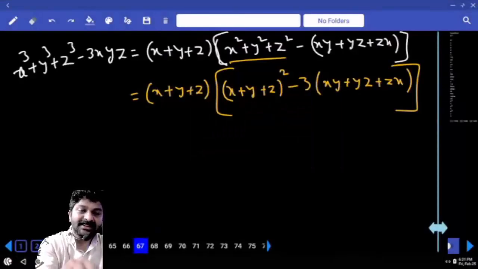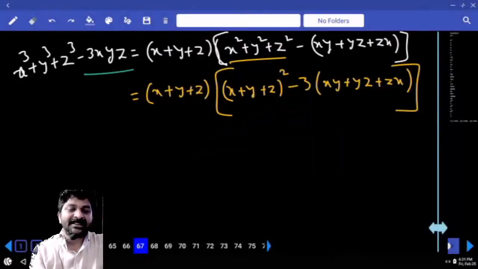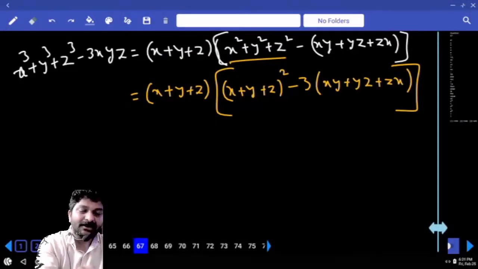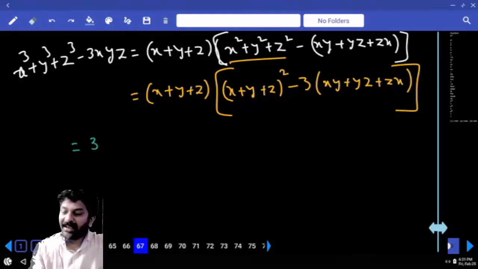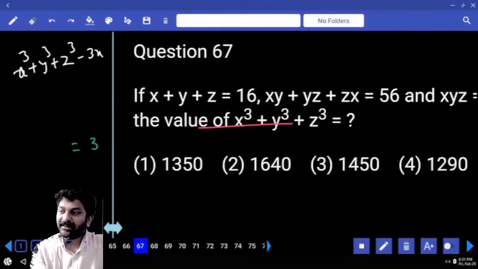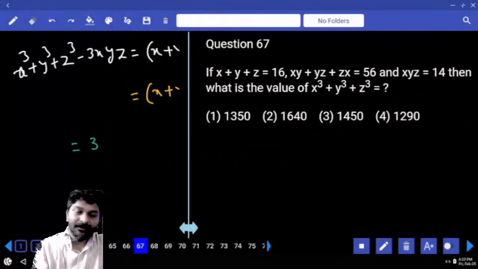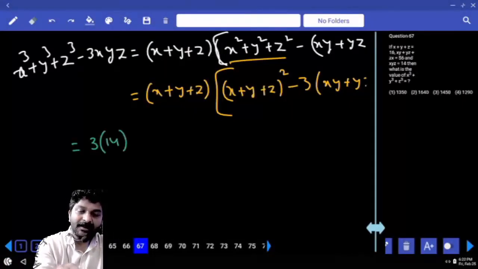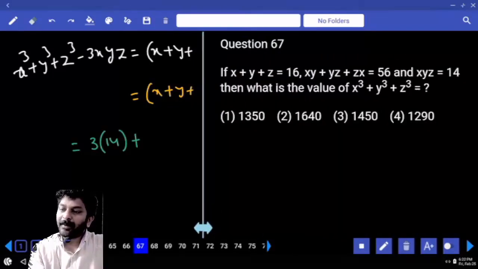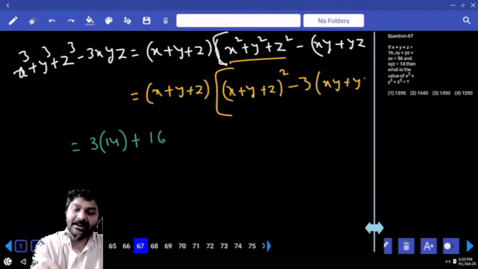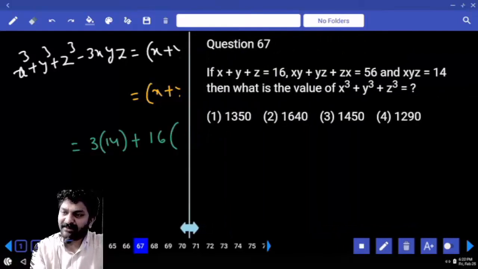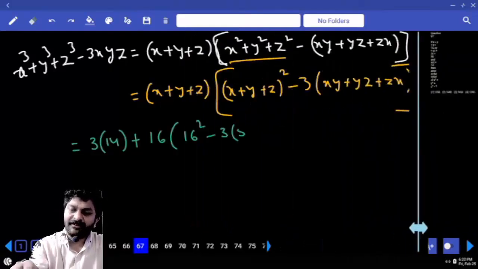Now let me write the answer here. Minus of 3 times of this number goes to the right hand side and becomes plus only. 3 times xyz, how much is that? xyz value is 14. So 3 times 14 plus (x plus y plus z) value, how much? 16, into 16 square minus 3 times (xy plus yz plus zx), that is 56.